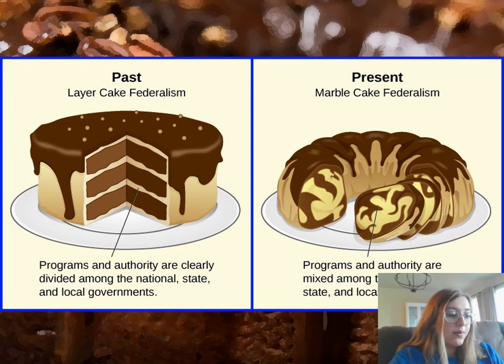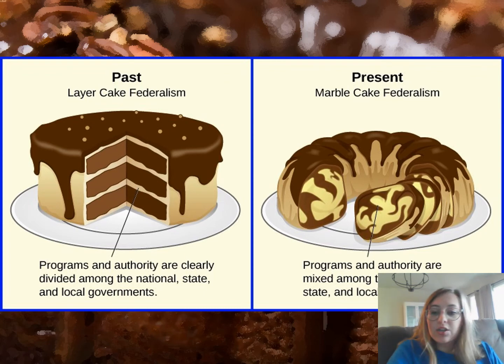So for example, with the interstate highway system, that was originally set up by the federal government, originally funded. The federal government set up the goals, the guidelines, all of that, but the states pay for construction and maintenance, right?